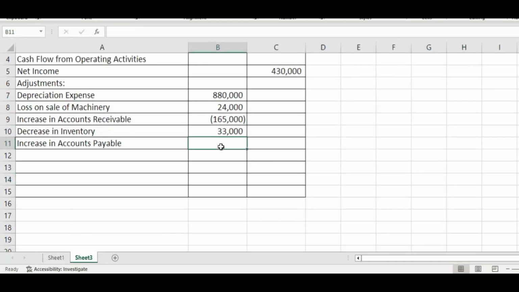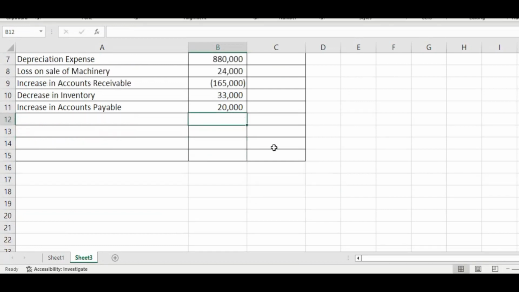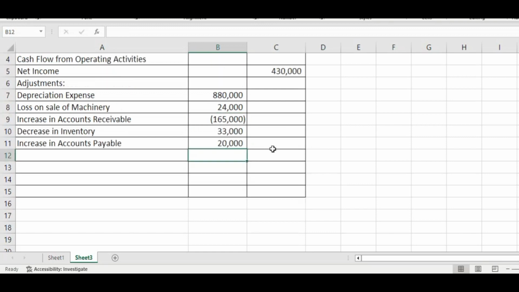The increase in accounts payable will be adjusted here. So all the operating-activities-related items which will be adjusted with net income will be added here: depreciation expense, loss on sale of machinery, increase in accounts receivable, decrease in inventory, increase in accounts payable.